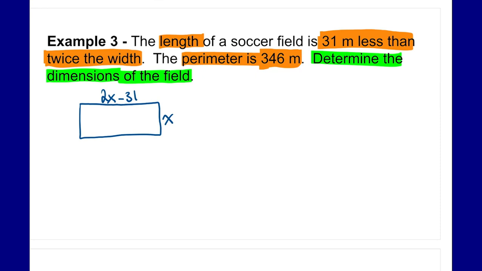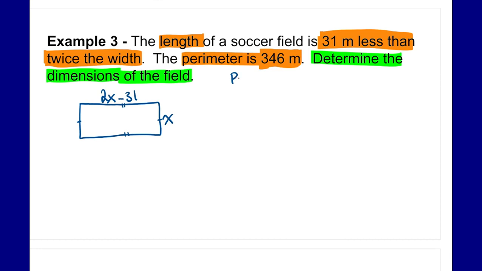So now I have a visual representation of my soccer field with measurements. Remember that the opposite sides of a rectangle are equal, so even though I don't show the measurements on these two blank sides, I do know what they are. The other thing is, the perimeter is 346 meters. So I should be doing something to solve for the perimeter. So I know P is going to equal 346.